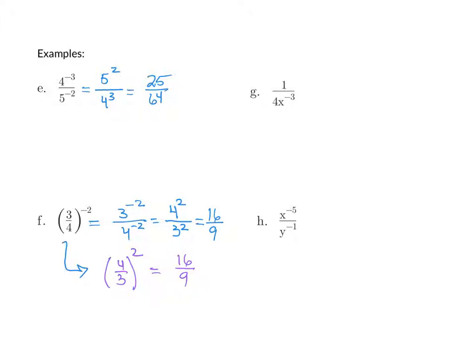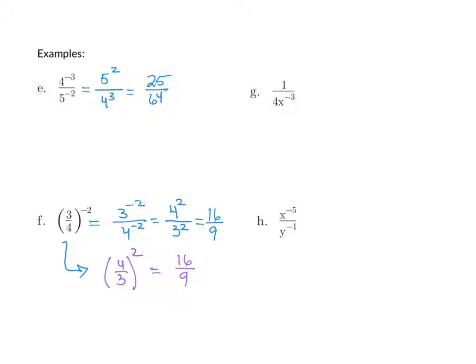Now let's look at example G. For example G, one of the things that we want to look at is what is being affected by the exponent negative 3. Since this is not inside parentheses, one of the key things to keep in mind is that it's just x being raised to the negative 3.